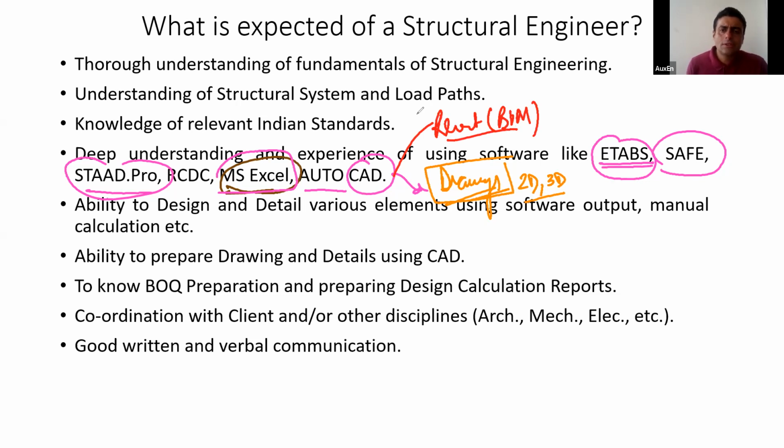So these softwares you should know. And then there are some secondary softwares, like in the Indian scenario, there is a software called RCDC, which is used for quick design and detailing. So you may use some secondary softwares like these. In my view, if you know these softwares, it helps you in the design engineering work.